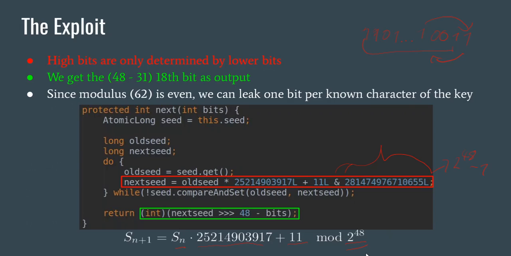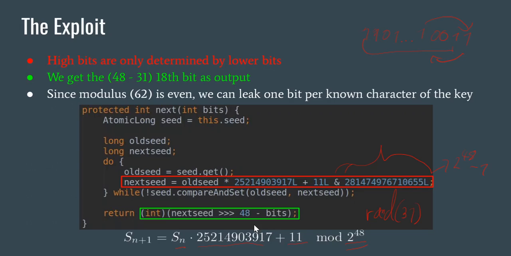That's one observation. The other observation is, since the call is rand 31, it's 31 bits here, so it shifts the internal state by 17 bits to the right and then uses the highest 31 bits of the LCG as output.